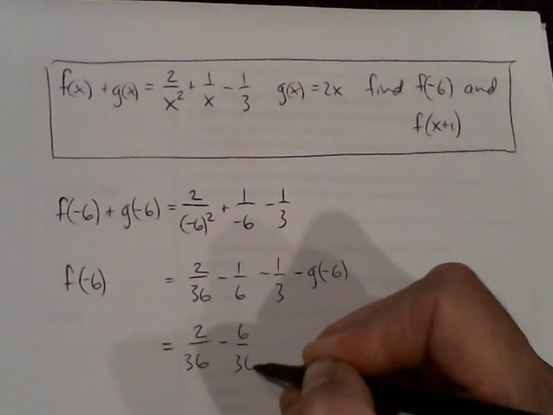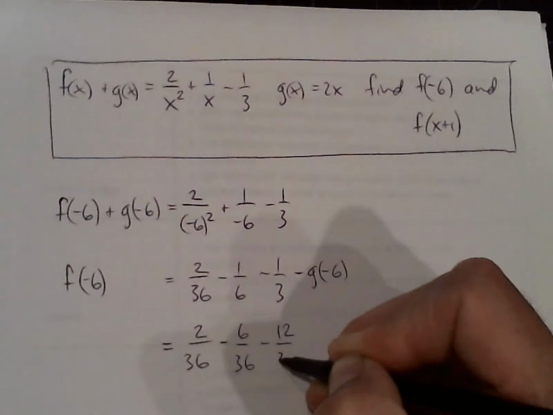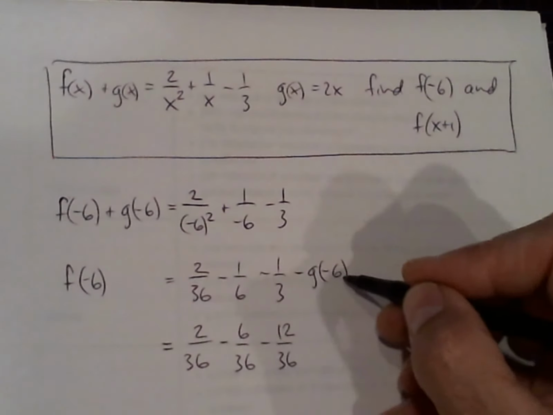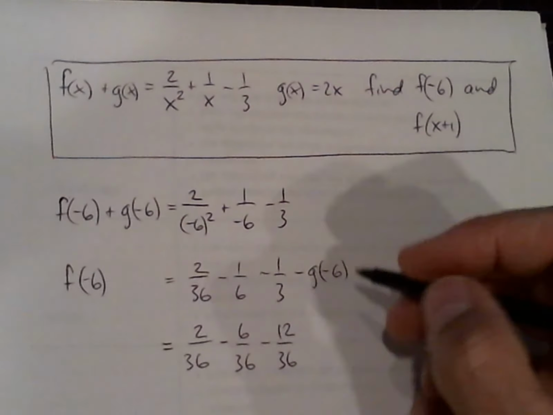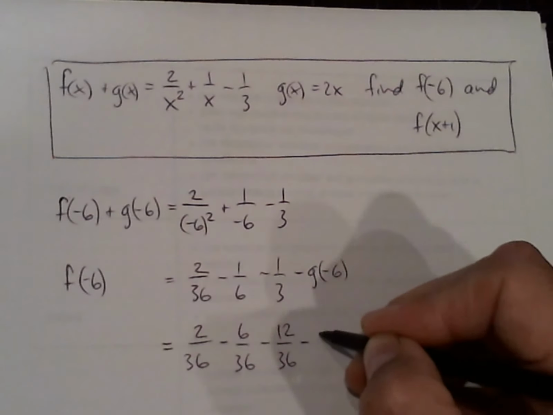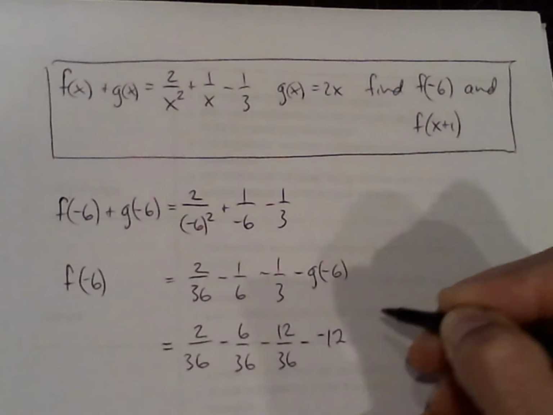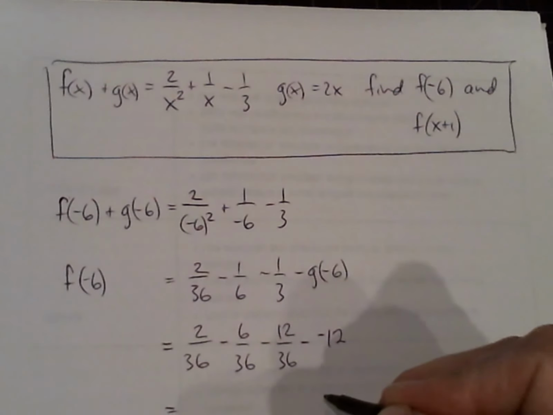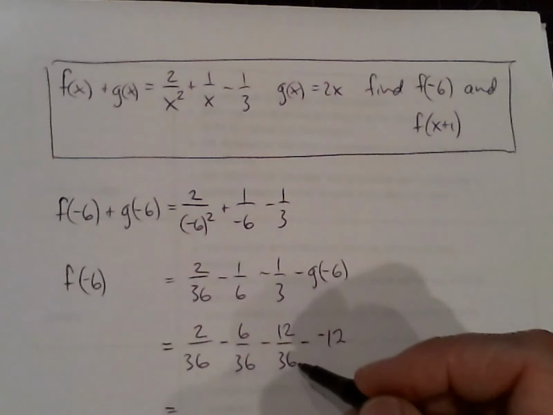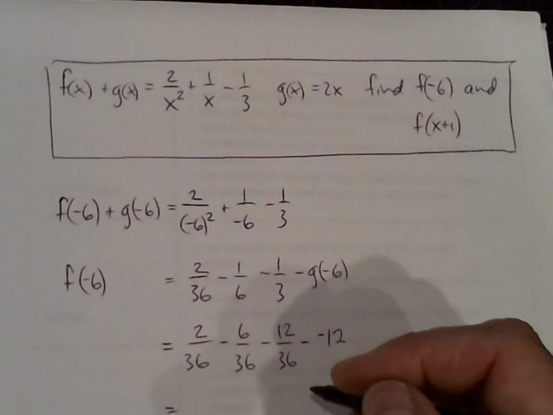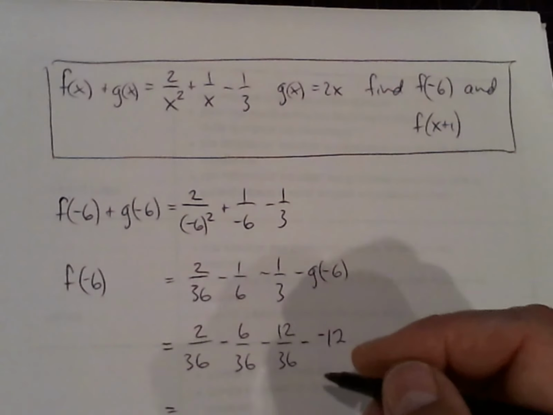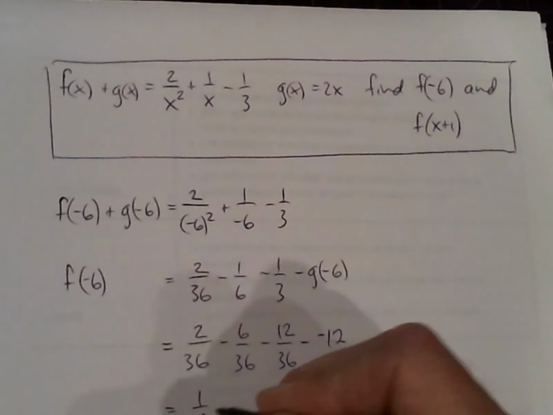Six over 36, 12 over 36, and then g of negative 6. G is 2x, so this is going to be 2 times negative 6, and that will be negative 12. I guess we'll go back down to 18.